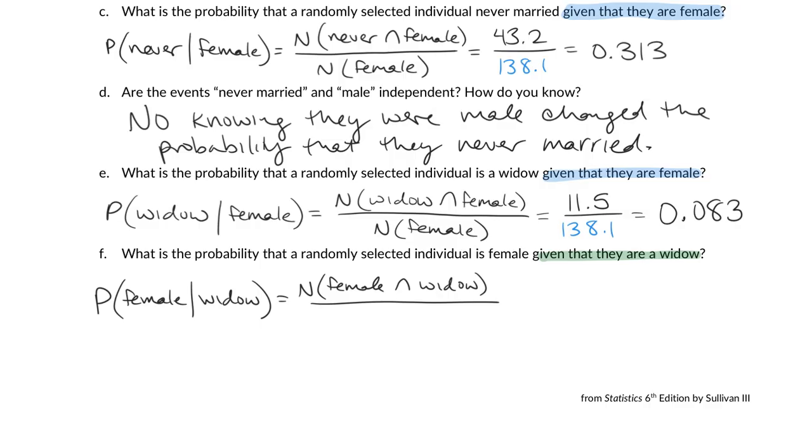So you're right, that part didn't change. But what is going to change is the denominator of this fraction, because this time we're counting out of the total widows instead of out of the total females. So the overlap number is still 11.5, but we're going to use that green number of 15.0 as my new total.